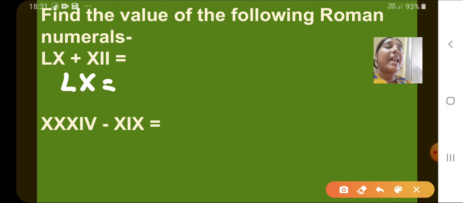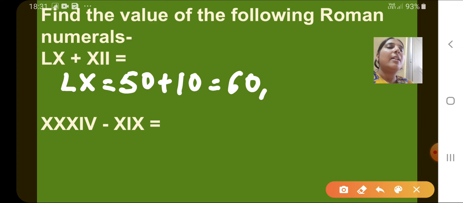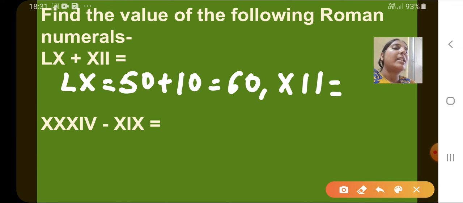So LX means L plus X. L stands for 50, whereas X stands for 10. So 50 plus 10, what we will get? 60. Whereas XII, X stands for 10 and II 11, 12. Means that this is the value for number 12.